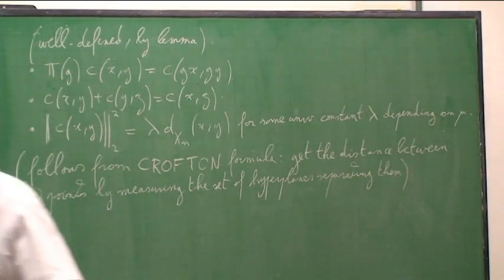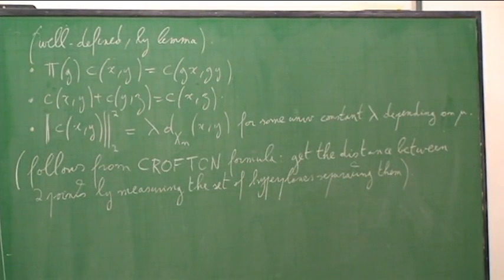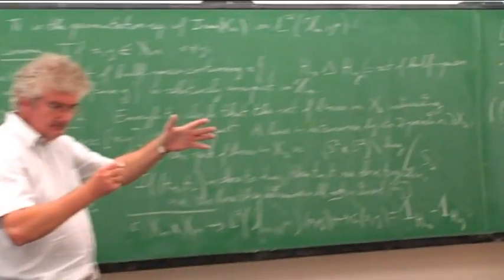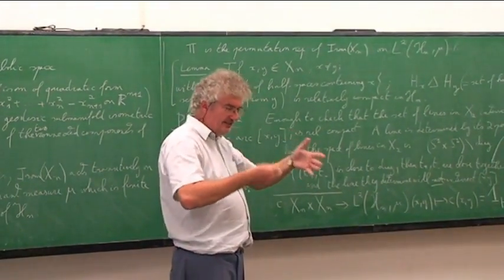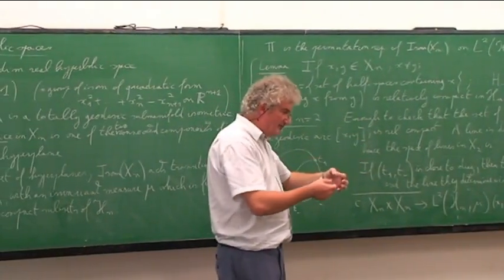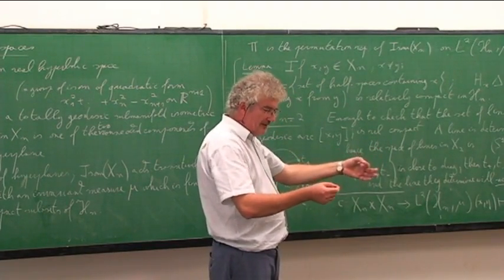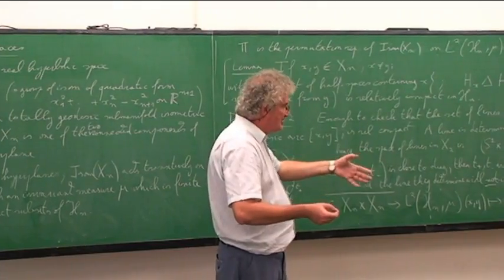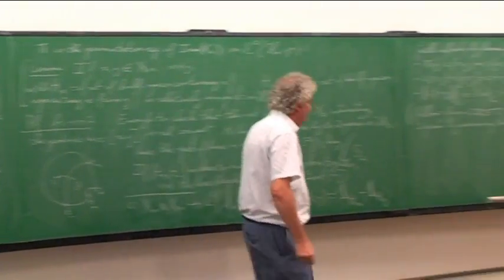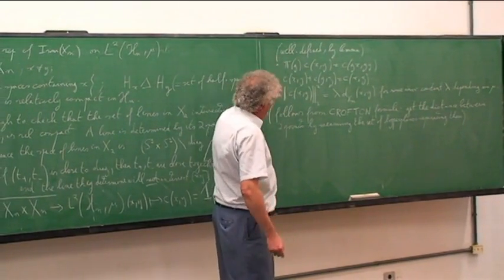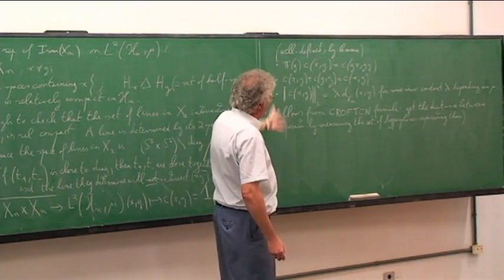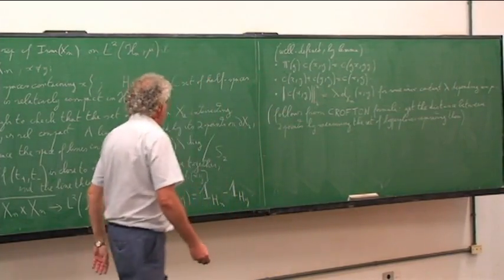Originally it was proved by Crofton, I think in 1860 or something like that, for Euclidean geometry, for points in the plane. It's quite obvious that if you measure all the lines which separate 2 points in the plane, you really measure the Euclidean distance between them. This was extended first in Euclidean geometry and then in hyperbolic geometry.